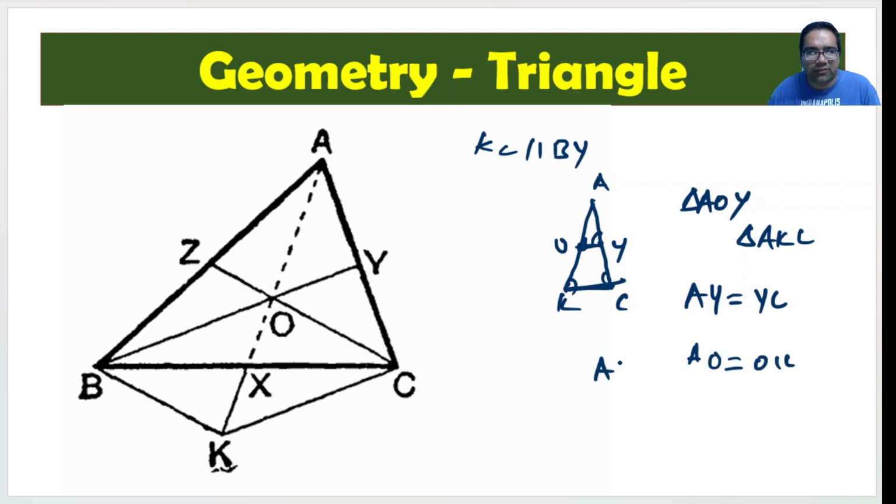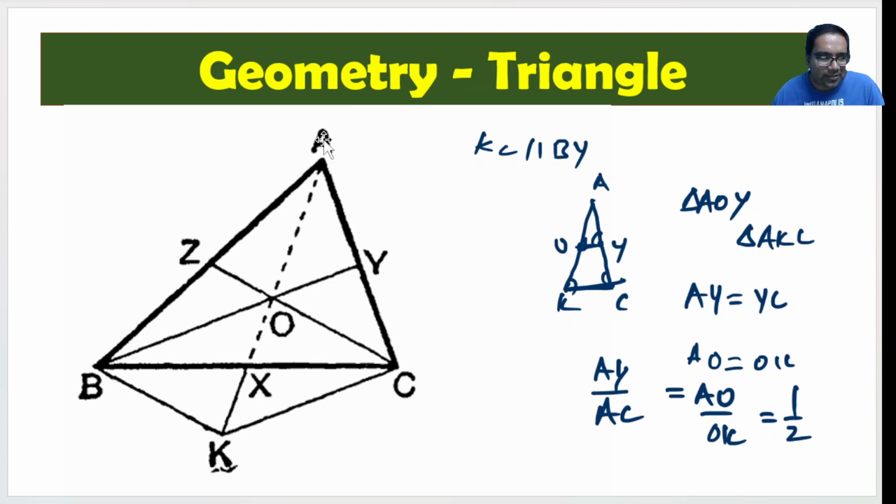For example, AY by AC is equal to AO by AK, because AOY and AKC are similar triangles. If AY is half of AC, then AO is half of AK. We have proved this. So now O is the midpoint of AK.